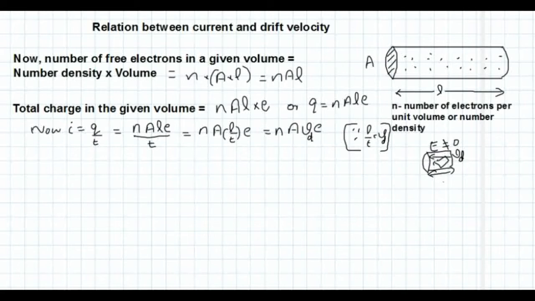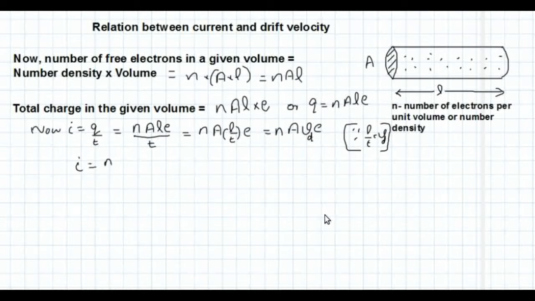And if t is the time taken for the electrons to travel a distance L, then the velocity will be the distance traveled by time, that is vd will be L by t. Therefore we are taking drift velocity vd is equal to L by t, where L is the length of the conductor and t is the time taken for the electrons to travel the distance L.